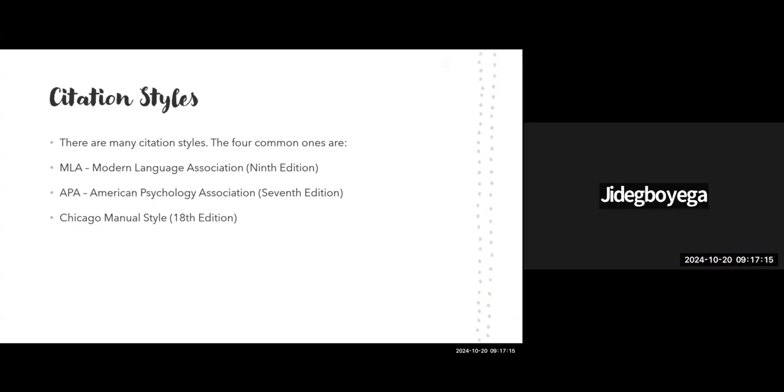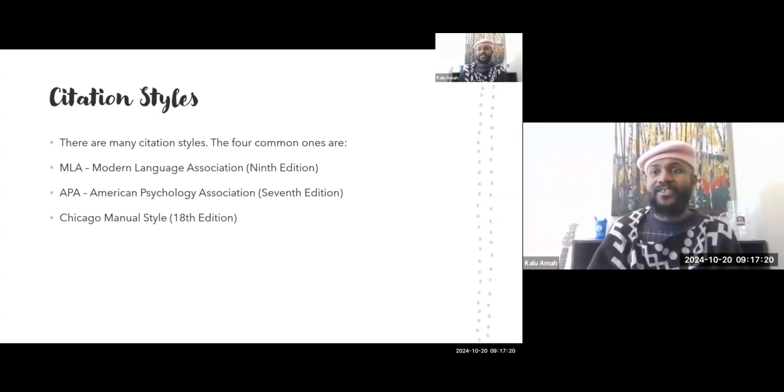So don't tell them that your paper is a natural science paper and as such you should use APA. If the journal asks for Chicago, or if the journal asks for MLA, just follow what the journal has asked. But in your field, especially whatever your professor wants, always go ahead with that.